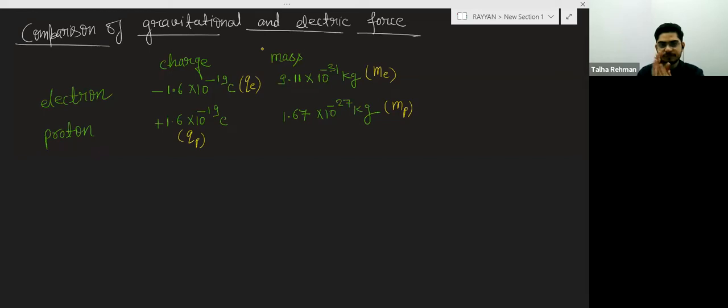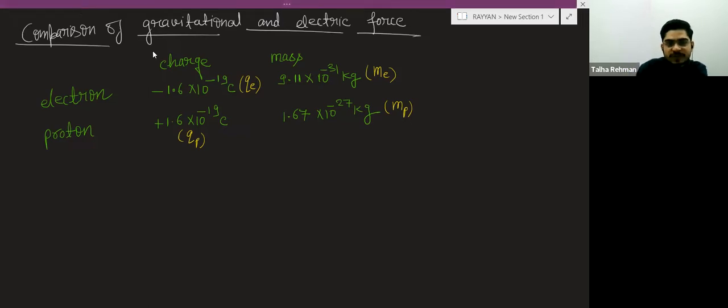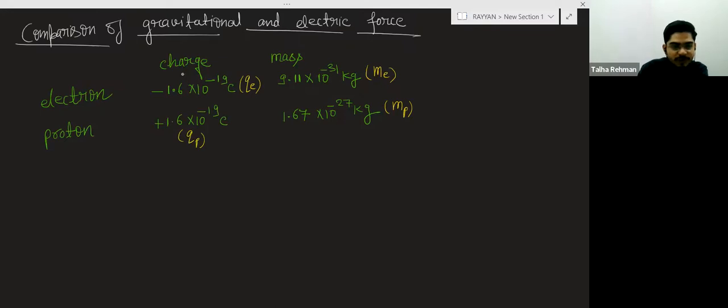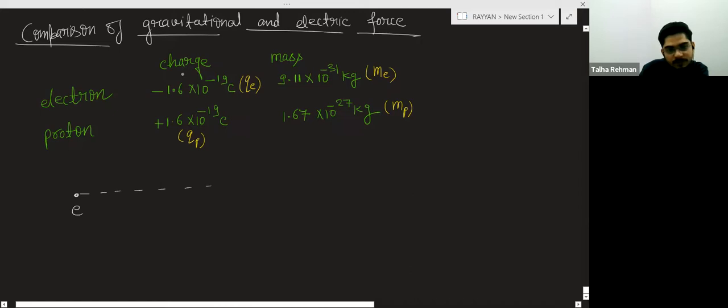First, we will see the electric force between the electron and the proton. So we have one electron here and one proton here.